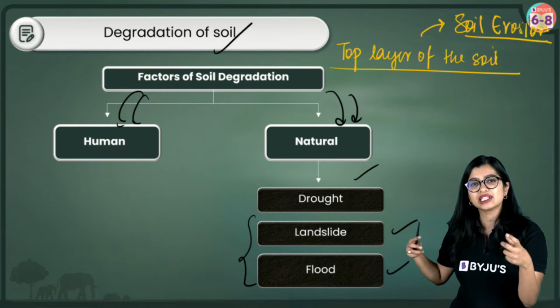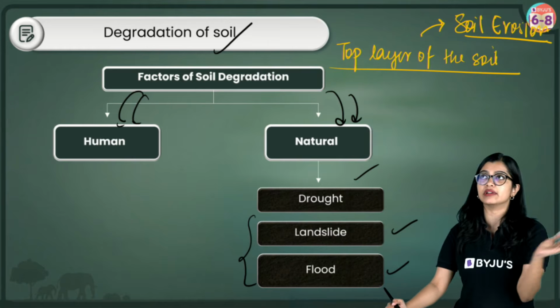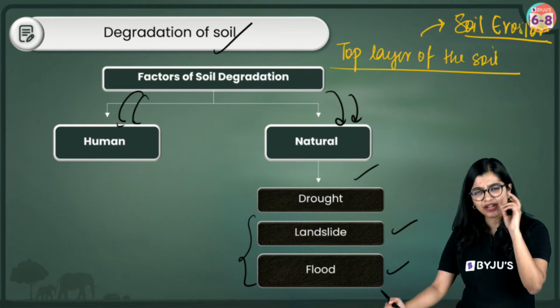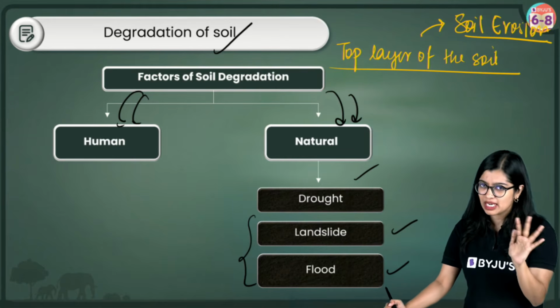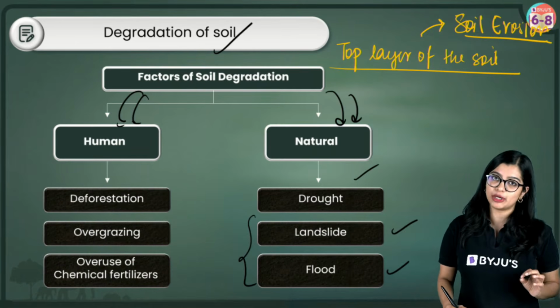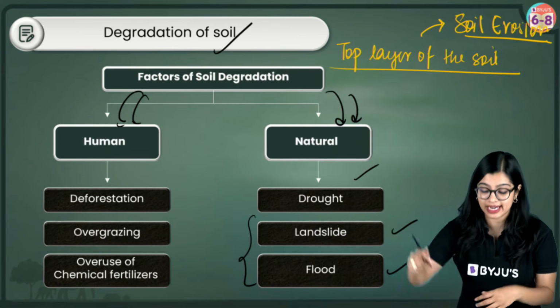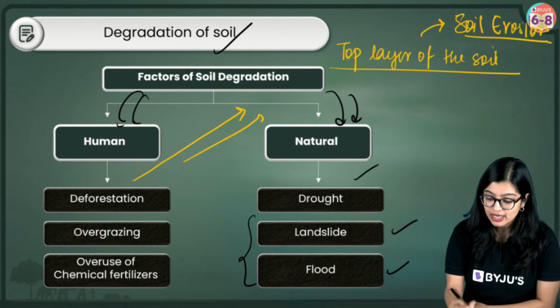But the rate at which it happens is very less, right? Because it's not like every day there's a flood happening or every day there's a landslide happening. The frequency at which this happens is probably little less. But when human-made factors come into the picture, that is when the rate of soil erosion increases. It's happening much faster.